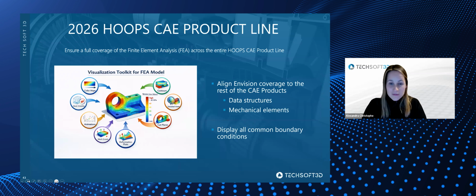Something coming for Envision as well. So far, the product line of the CAE product was that we solve and we have access to a lot of data coming from the FEA world.